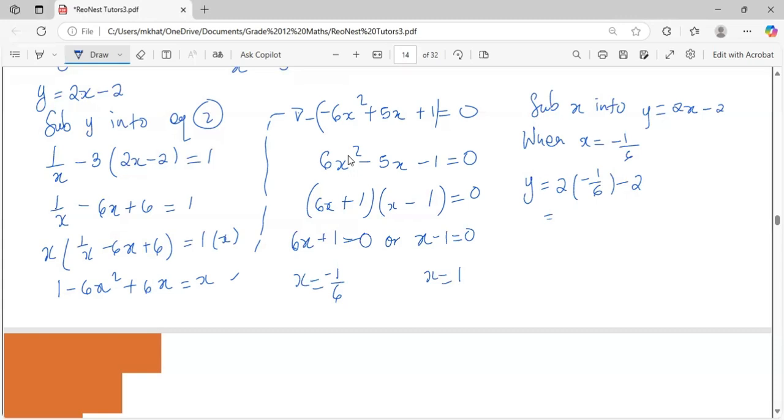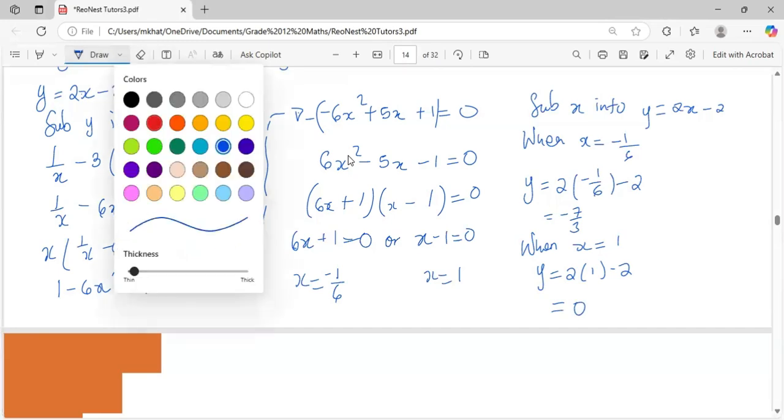So I'm going to have negative 1 over 3 minus 2, which is negative 7 over 3. Now, when x is equal to 1, y will be equal to 2 times 1 minus 2, which is 0, okay? So that's what we have.